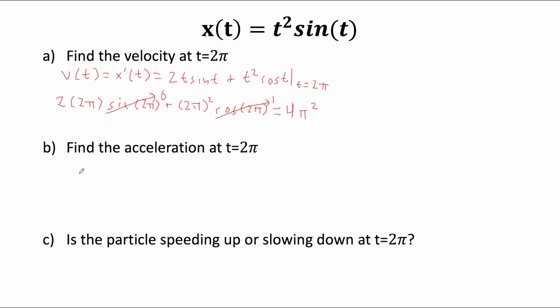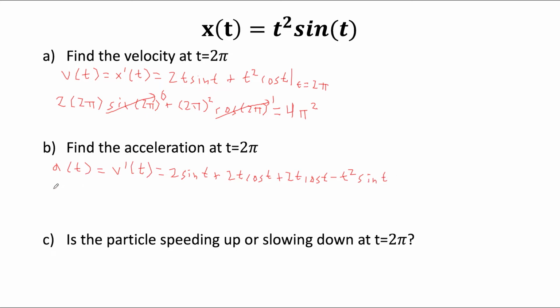Now let's look at acceleration. Here, acceleration equals the first derivative of velocity, as always, which is 2 sine t plus 2t cosine t plus 2t cosine t minus t squared sine t.